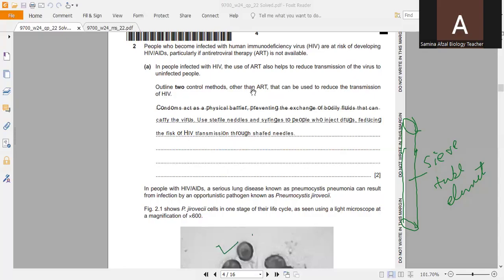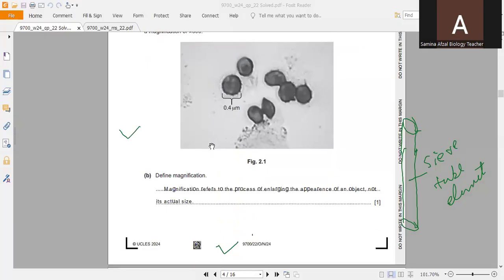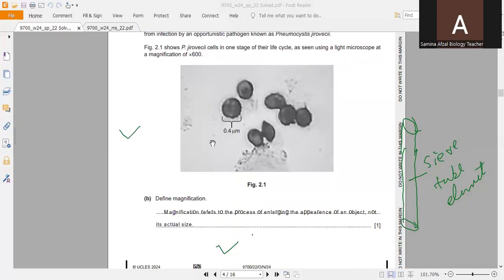Also, blood transfusion can cause this disease. So use sterile needles and syringes for people who inject drugs, reducing the risk of HIV transmission through shared needles. In this way, these are the two best methods by which it can be controlled or reduced.